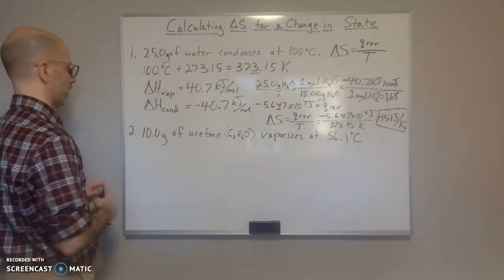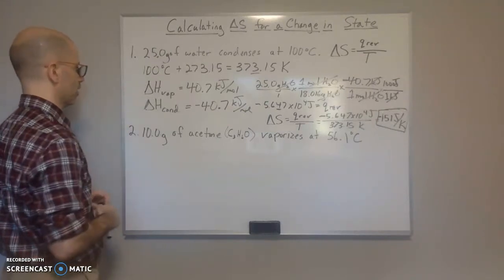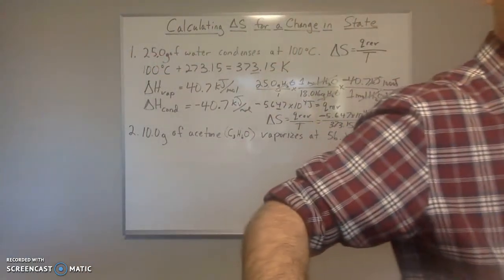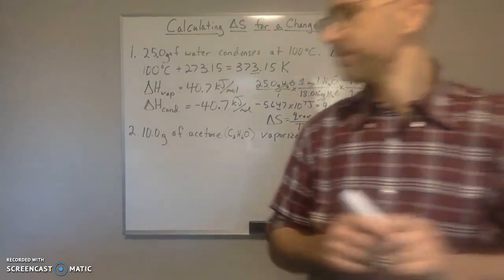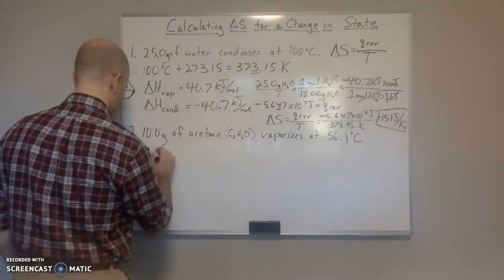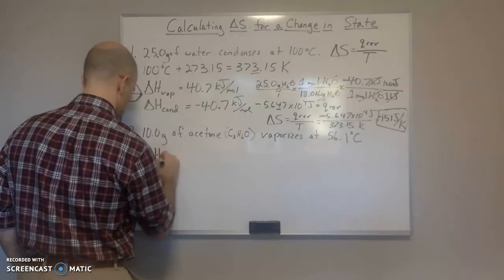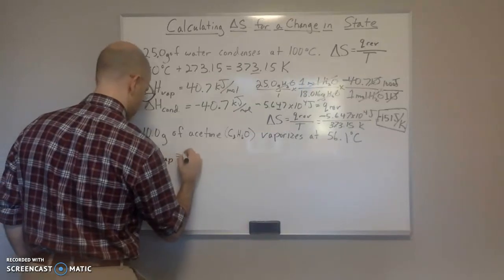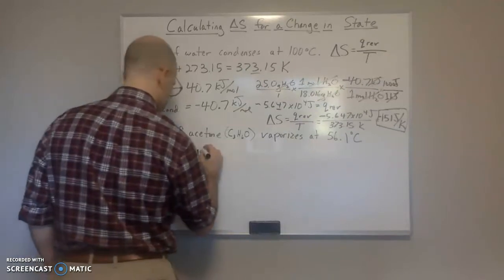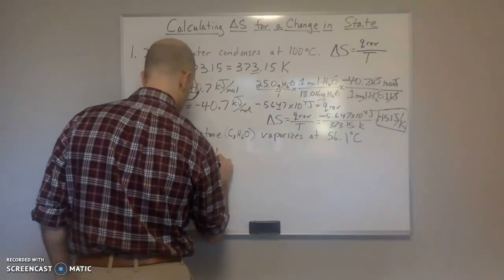We're going to have to convert this again to moles. First we need to find the heat of vaporization of acetone. Okay, so the heat of vaporization of acetone is equal to 29.1 kilojoules per mole.